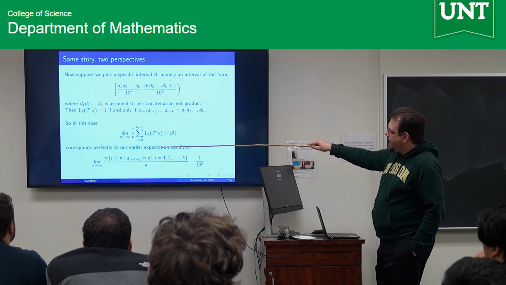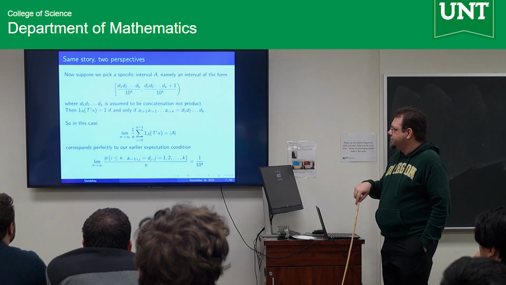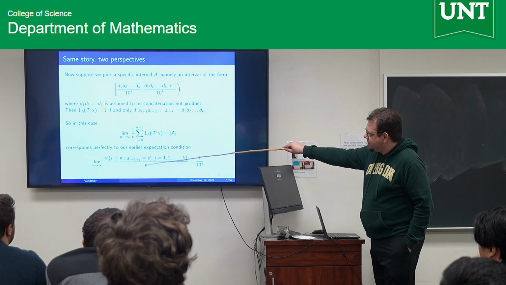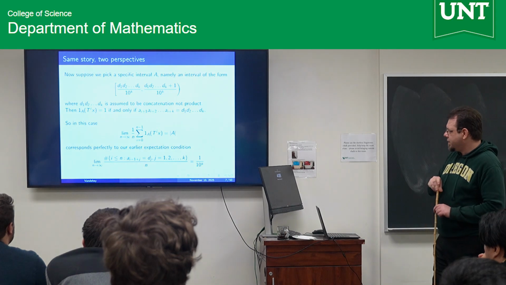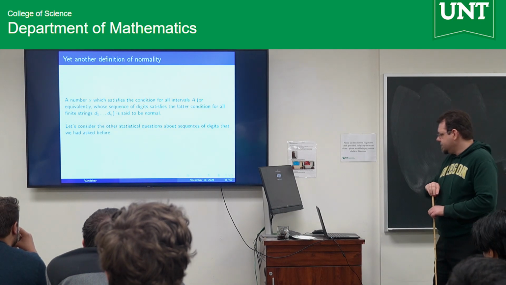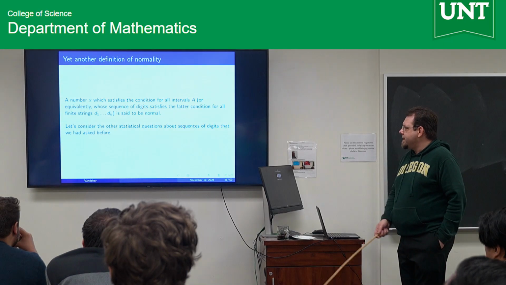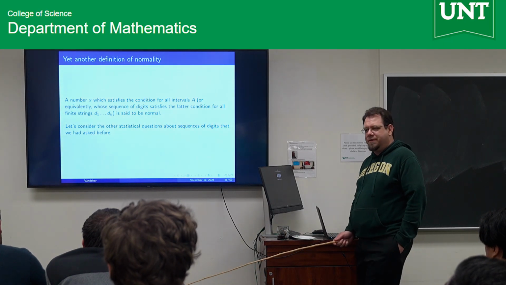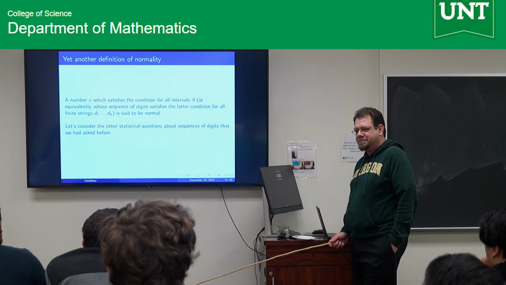So in this case, asking for this ergodic result to match what we expect is exactly what we were talking about before with this limiting frequency of our digits. So as a result, we say this is a nice special property, therefore it should have a nice special name that we haven't used 50 other times in mathematics.